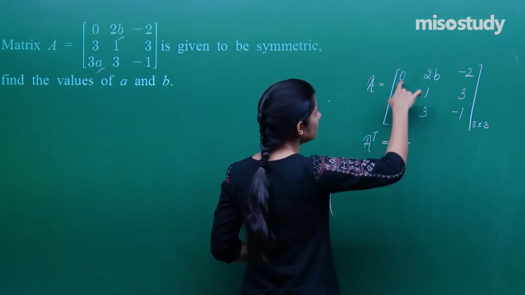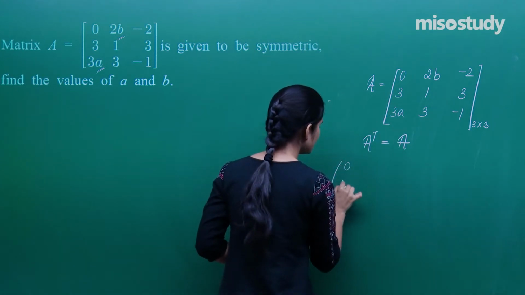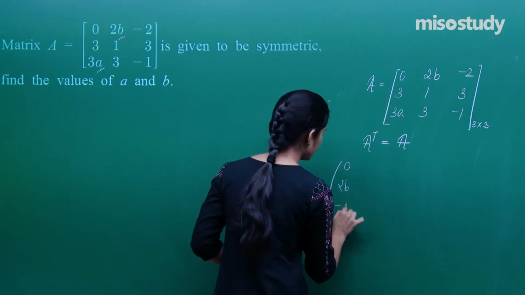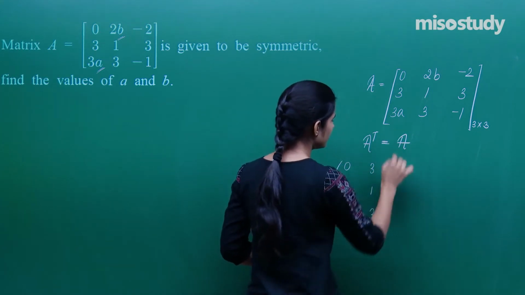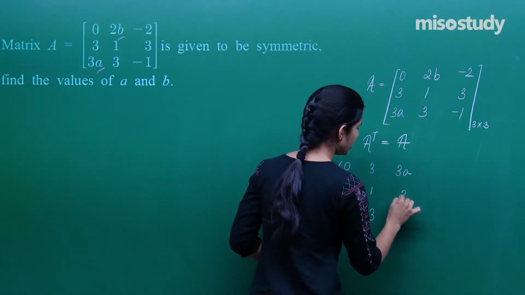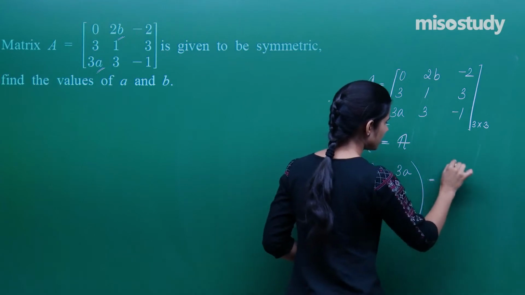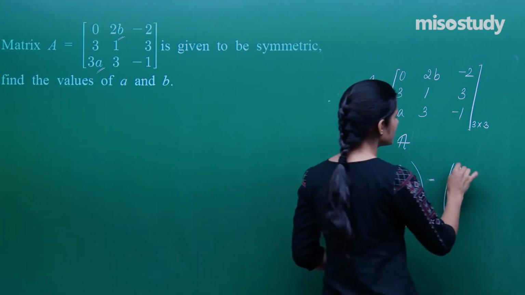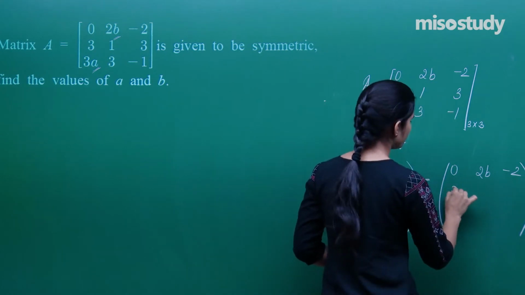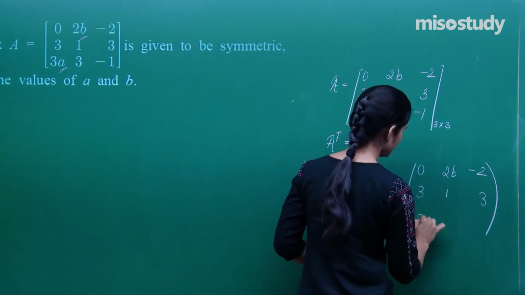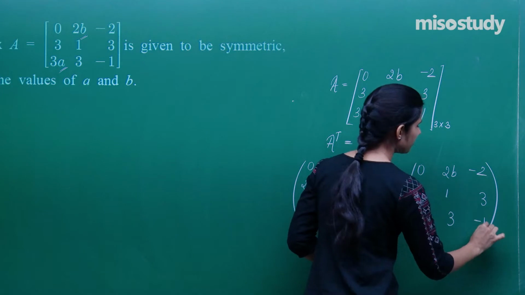A transpose will be what? First row becomes the first column: 0, 2b, minus 2, 3, 1, 3, 3a, 3, minus 1. This is A transpose and A is what? 0, 2b, minus 2, 3, 1, 3, 3a, 3, minus 1.